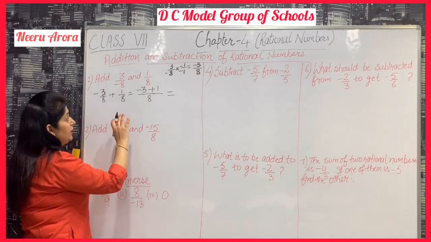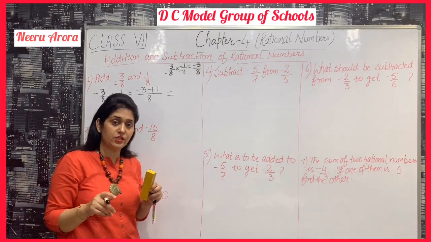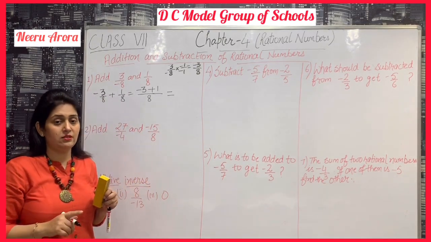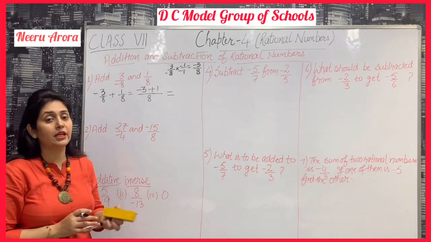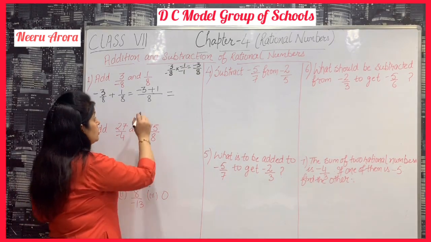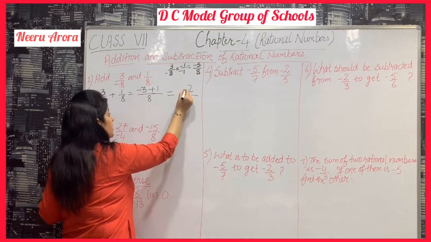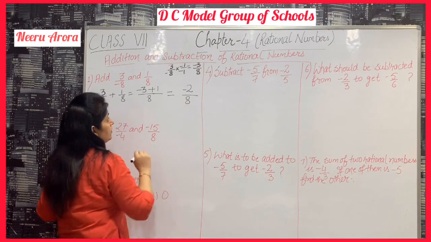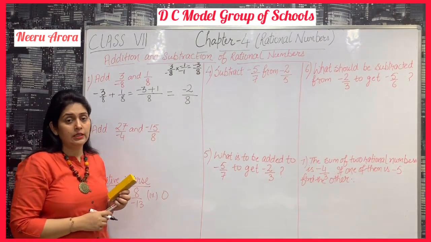So minus 3 plus 1. Opposite signs in integers, we know when opposite signs come, we subtract the numbers and the sign of the bigger term comes. So 3 minus 1 is 2, and the sign of the bigger term is minus, so minus 2 by 8. Now see, is it in standard form or not?